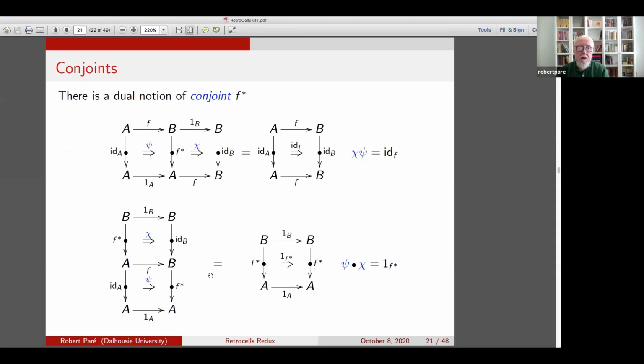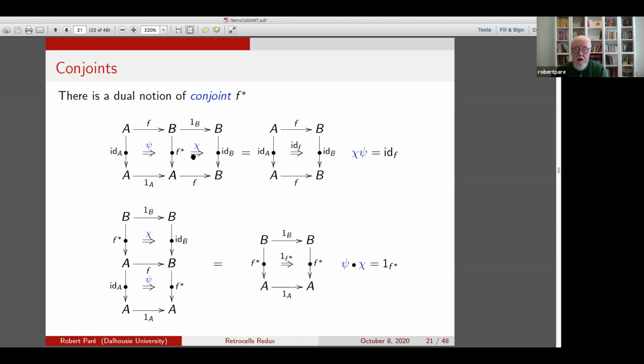So you have this bijection between arbitrary cells and globular cells. Now, there's a dual notion to companion which is called conjoint. It looks exactly the same. Well, it looks dual. So now you have F upper star going in the reverse direction. So you have F going from A to B, the F upper star goes from B to A, but vertically as well.